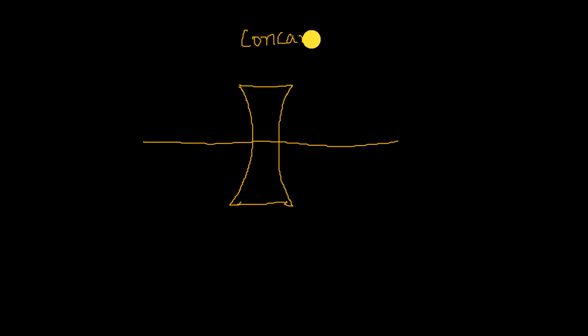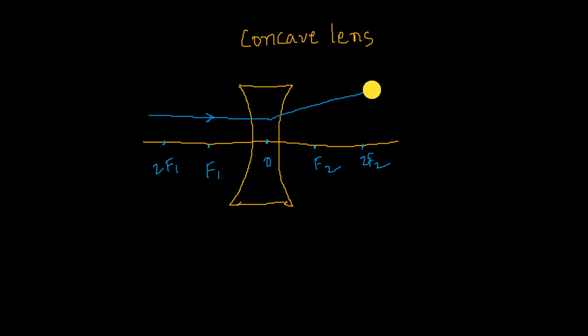The optic center is here, along with F1, 2F1, F2 and 2F2. How many light rays are required to form the image of the object? Minimum 2 light rays, right? So that's why I am taking 2 light rays. This is one light ray.